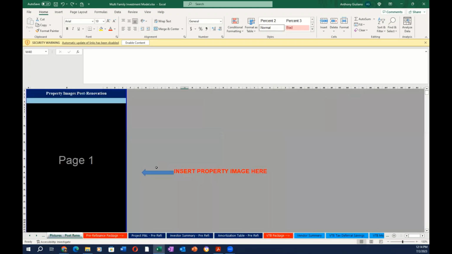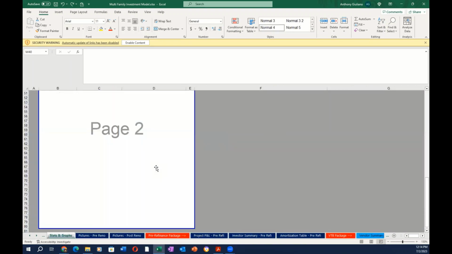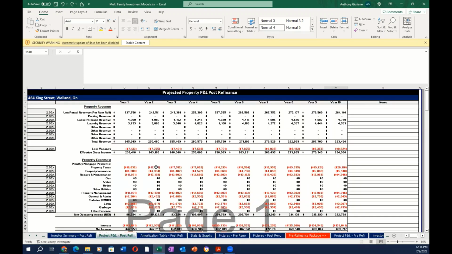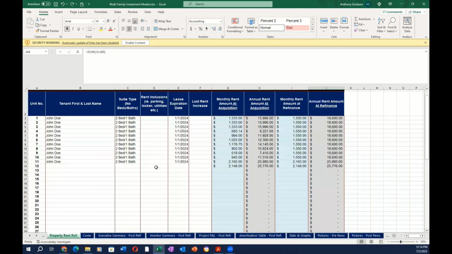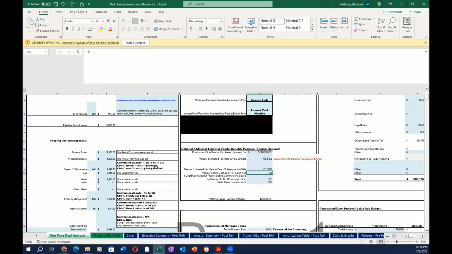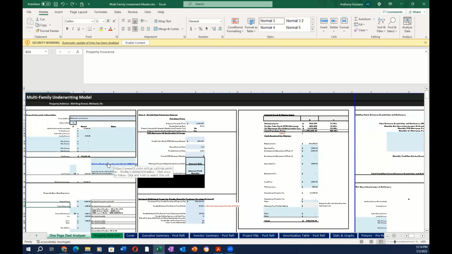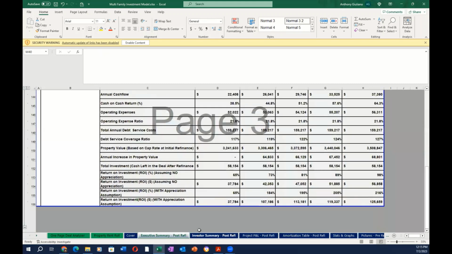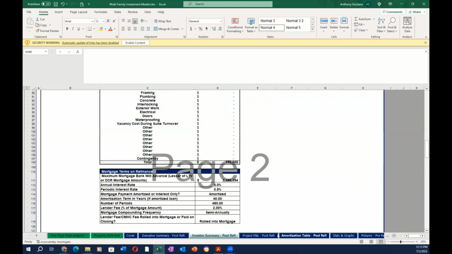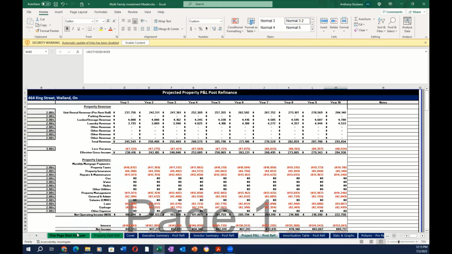Ultimately, that is a summary of how to use the multifamily investment model and how to create your one-page deal analyzer. Personally, I really enjoy this one-page deal analyzer because it allows you to view your whole deal in one place, really tweak your variables dynamically, regenerate your whole report, and view things from a very different perspective, in various views, just by changing one variable here.